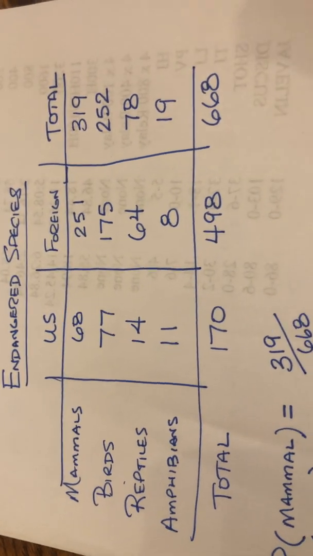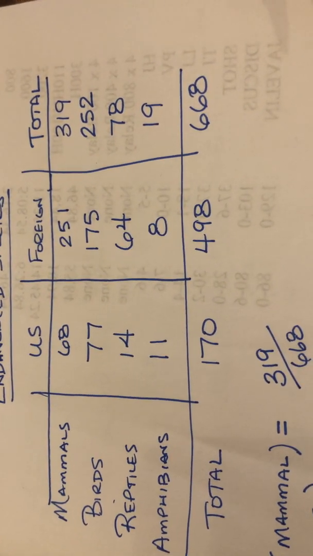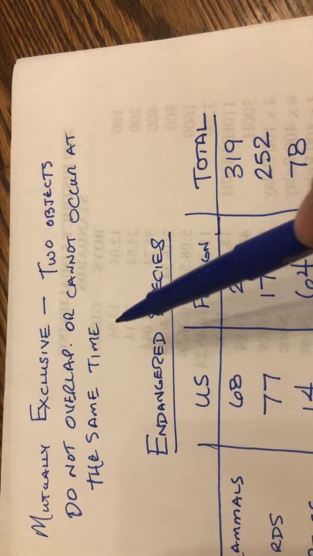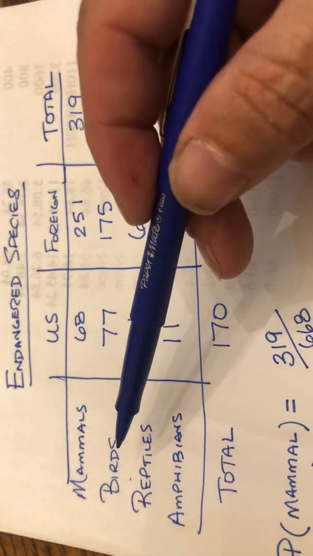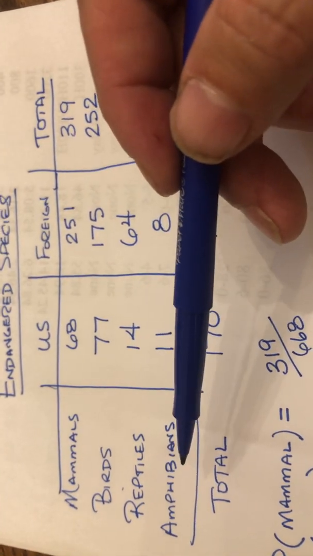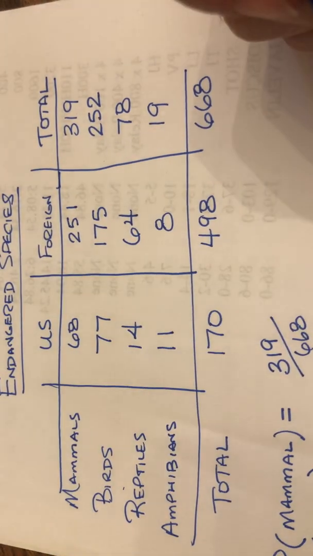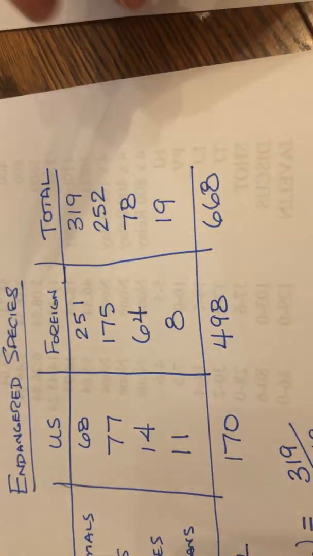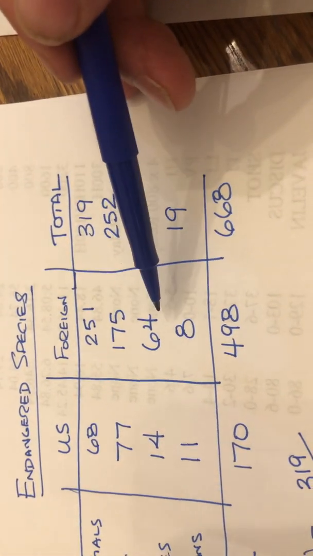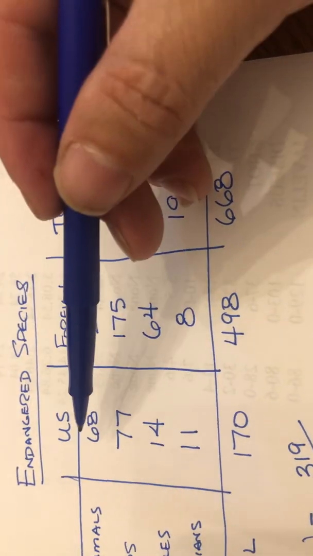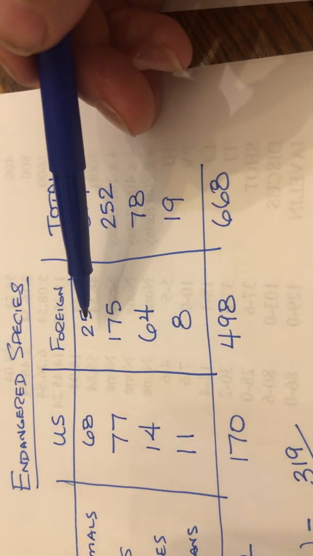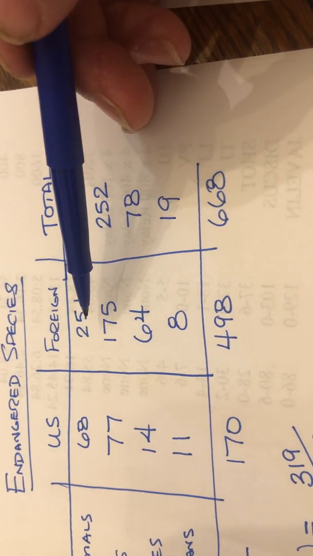So these 2 groups are known as being mutually exclusive. They cannot occur at the same time. They cannot be both a bird and an amphibian at the same time. Something cannot be in the US at the same time that it is in the rest of the world. So being in the US and being in the rest of the world, these categories are mutually exclusive.